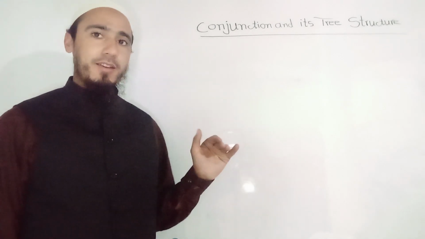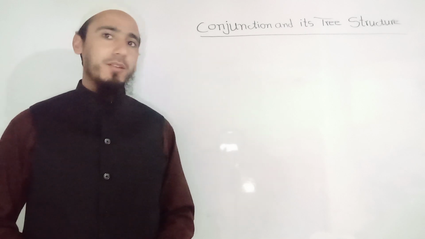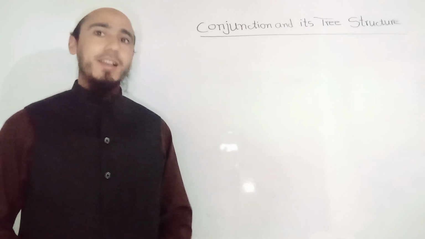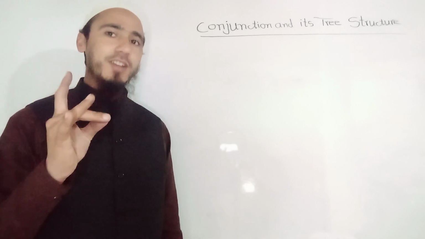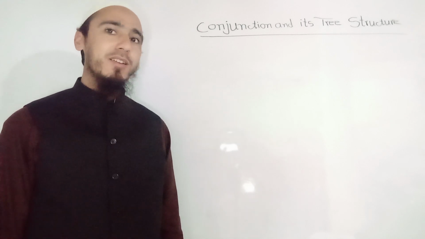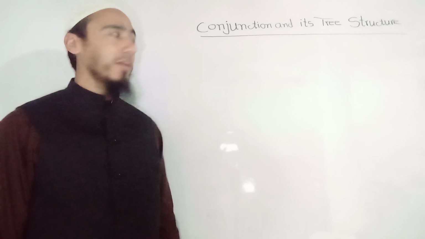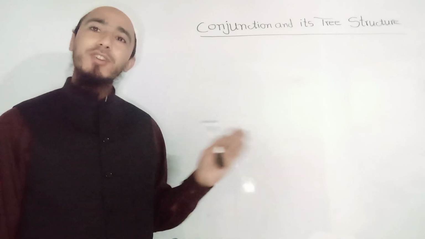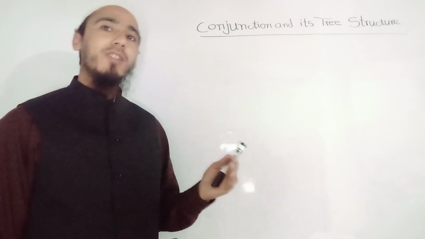On the other hand, I told you that there are 5 phrases which have their own heads. Like we have noun phrase, verb phrase, adjective phrase, adverbial phrase, and prepositional phrase. They have their own heads. Today, we are talking about the closed class.